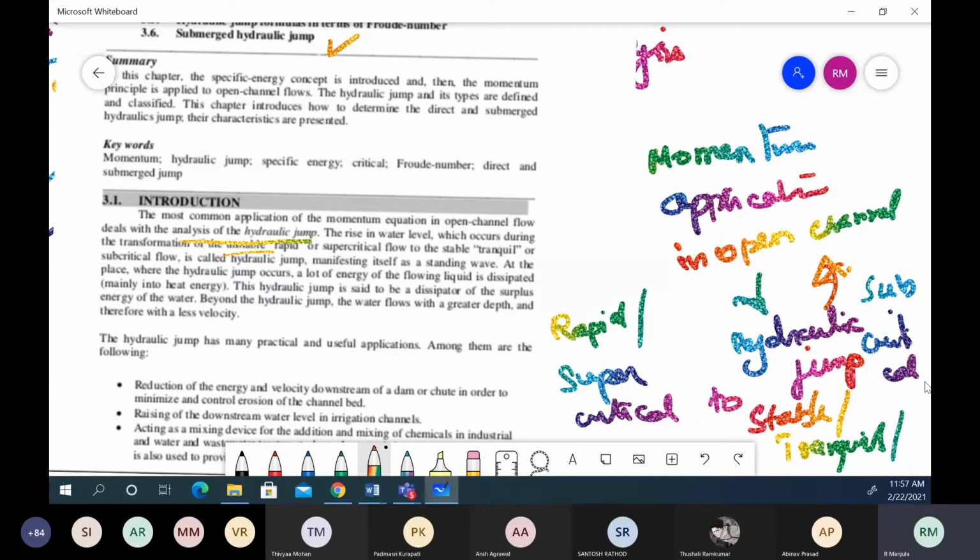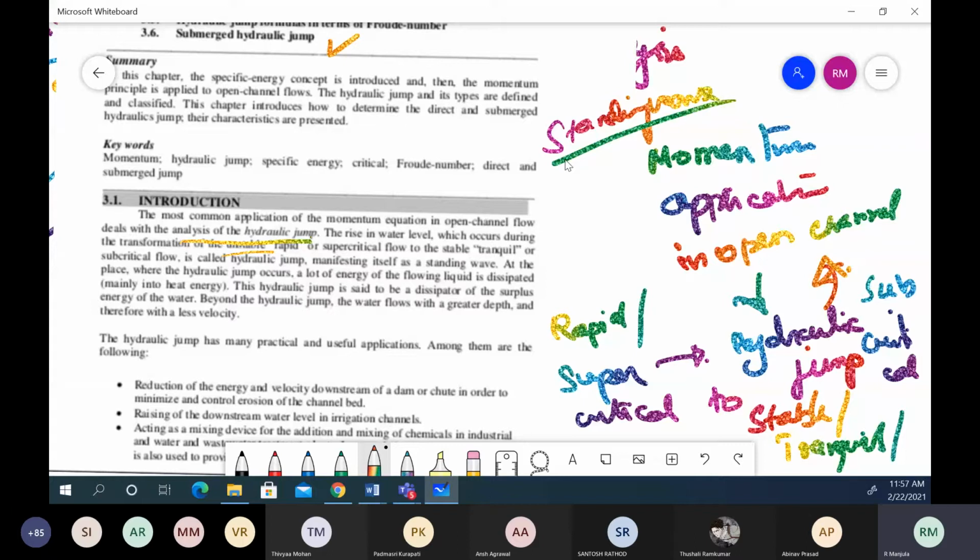This is called hydraulic jump. When we convert supercritical flow into subcritical flow, it manifests as a standing wave. Otherwise, hydraulic jump is also called a standing wave.